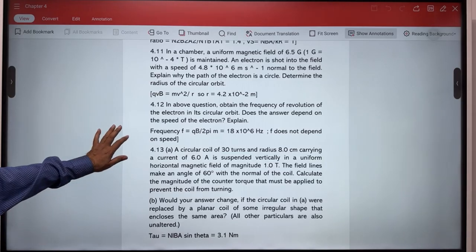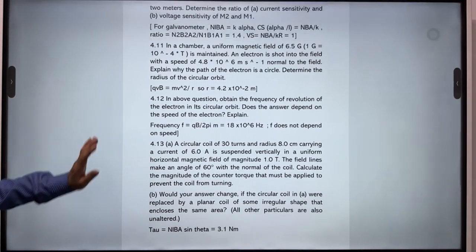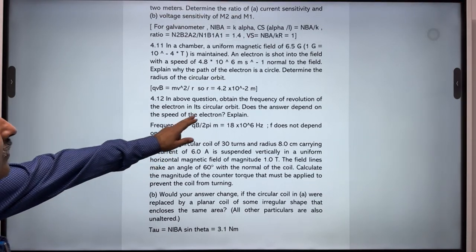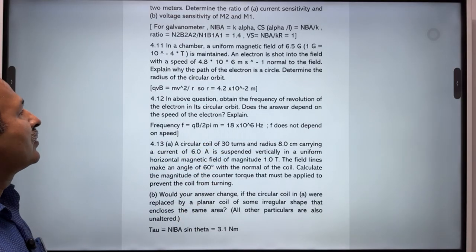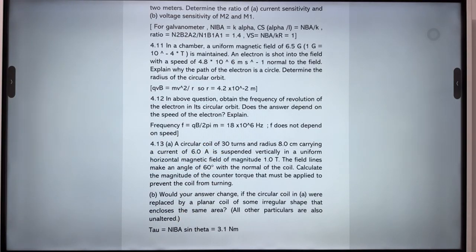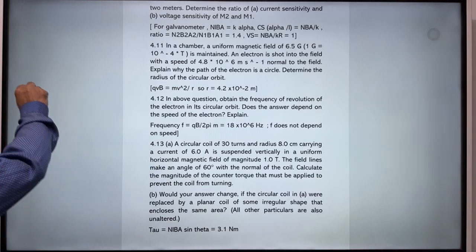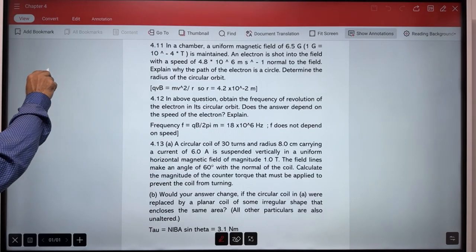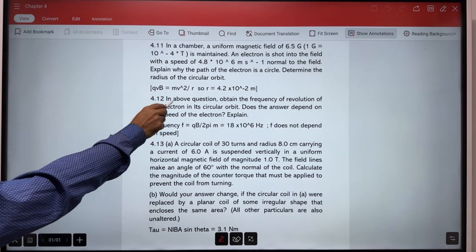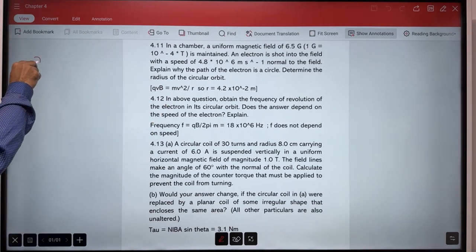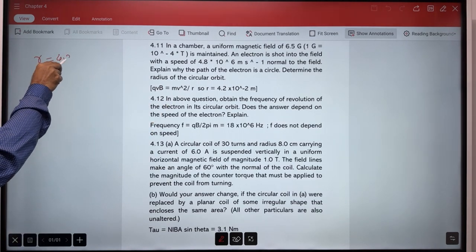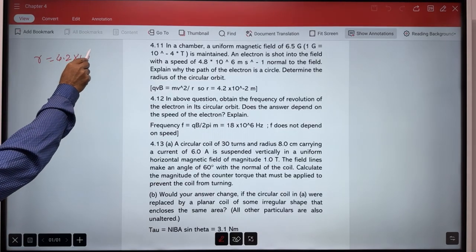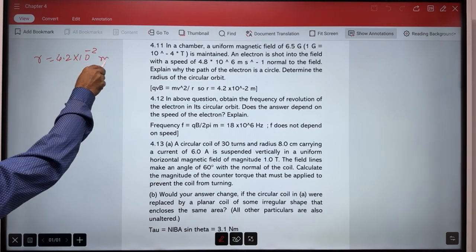Now let's go to the next question. Considering the above problem, obtain the frequency of revolution of the electron in the circular orbit. Does the answer depend on the speed of the electron? So let's see. We have got the value of r in the previous question: the radius is 4.2 into 10 to the power minus 2 meter.